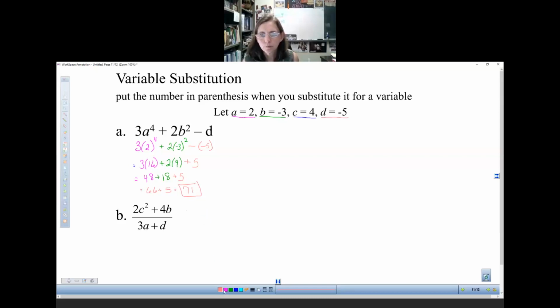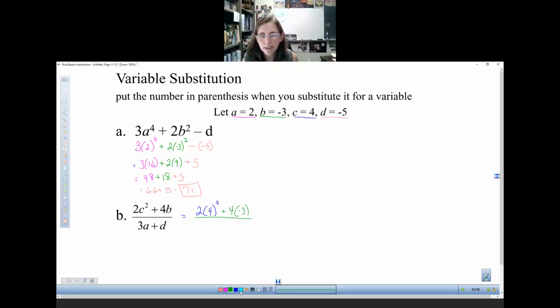All right. Let's do the next one. Okay, so this one's got C's, B's, A's, and D's. It's got one of everything. So we're going to use absolutely every one of these numbers. So we're going to start with the C squared. So I'm going to have 2 times C squared. Well, C has a value of 4 for this problem. And then I'm going to have plus 4 times B, and B has a value of negative 3.